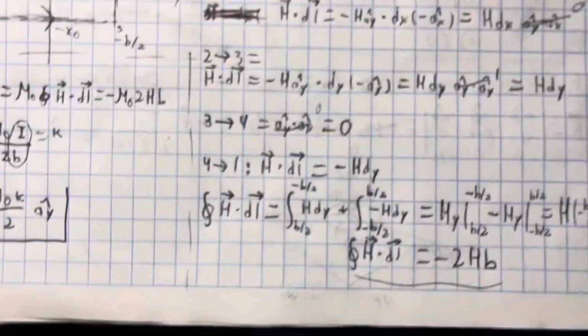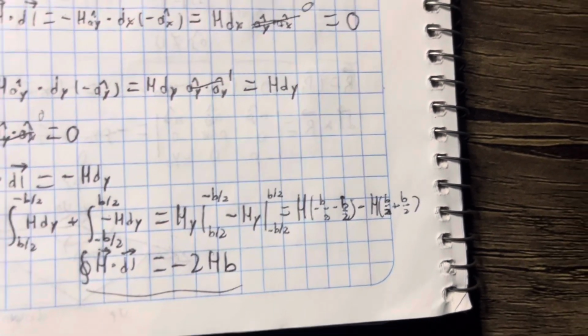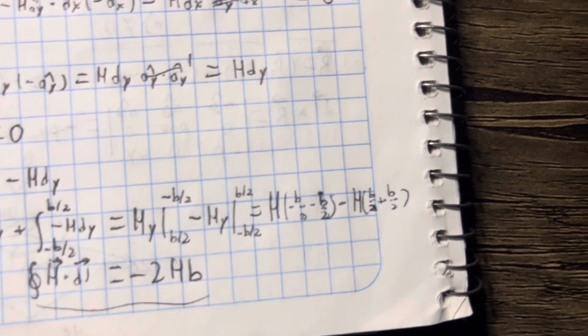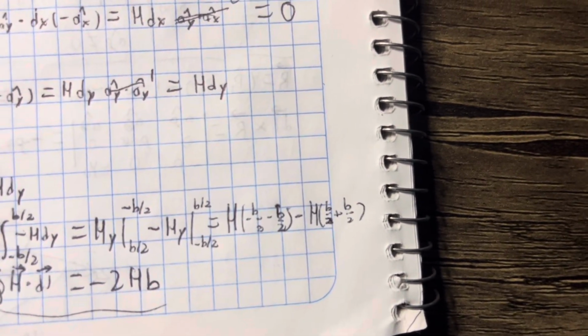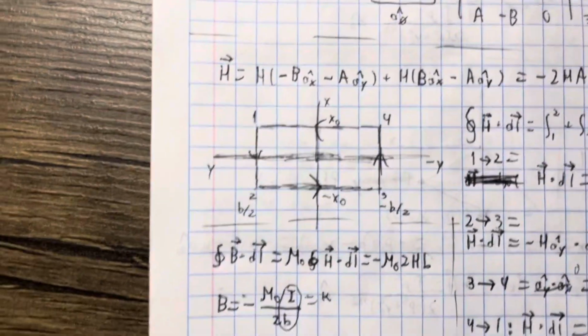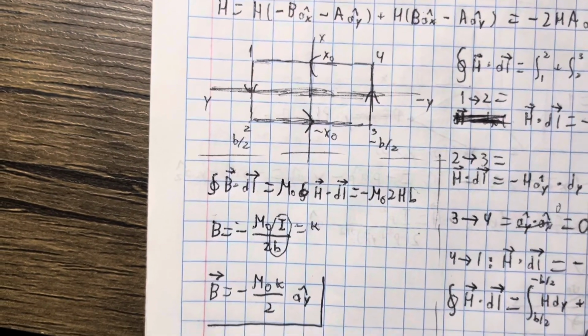And then we perform the sum of integrals, and here it gives us h minus b minus hb, which is minus 2hb, right? And now that we have that sum of integrals, we can find the final value for the magnetic field.